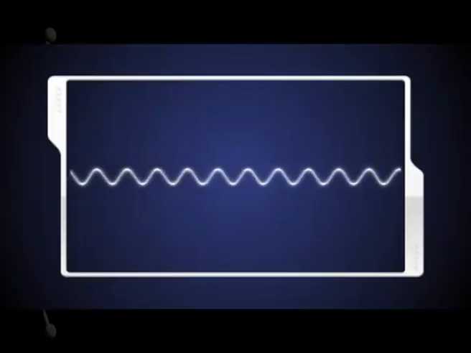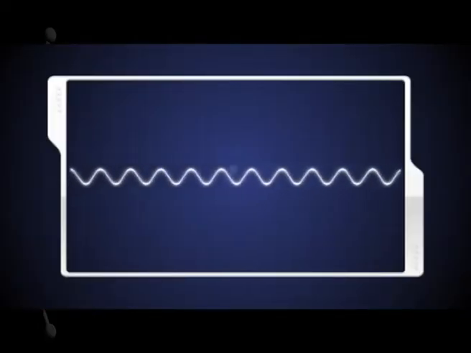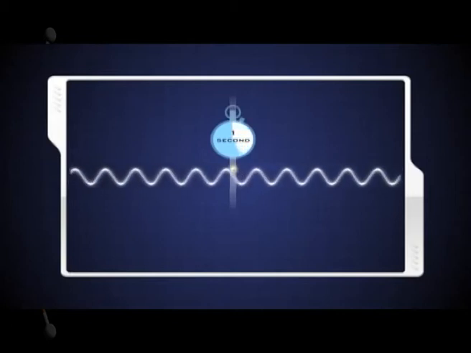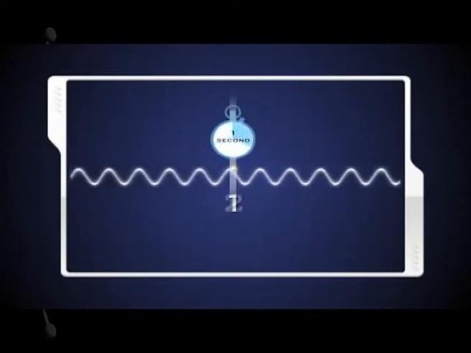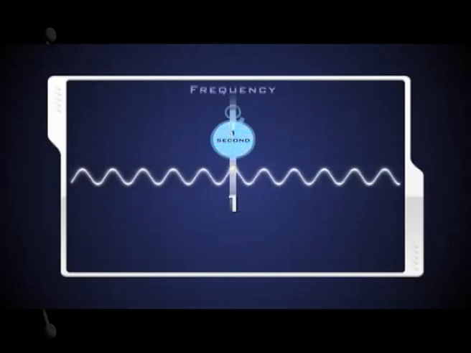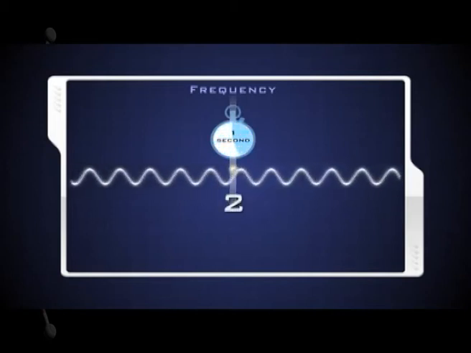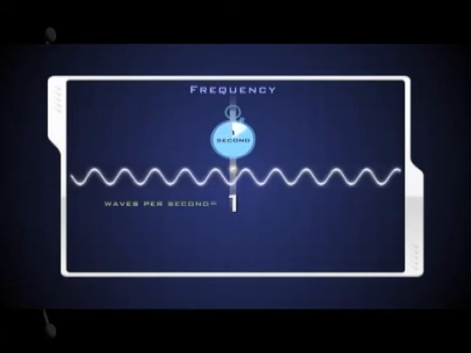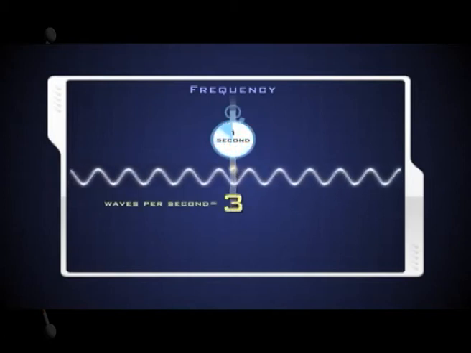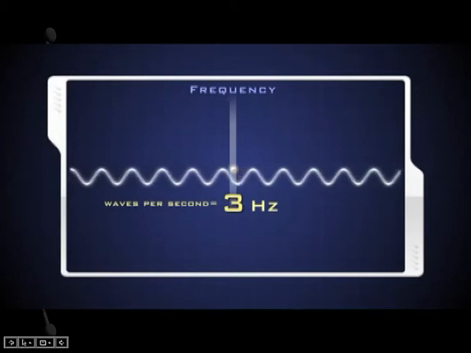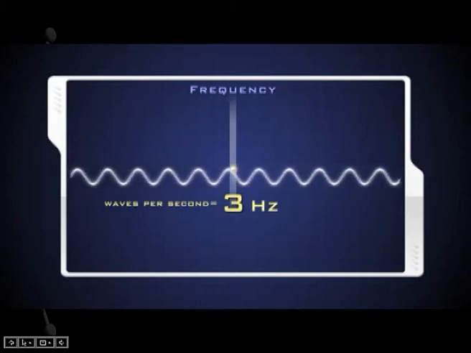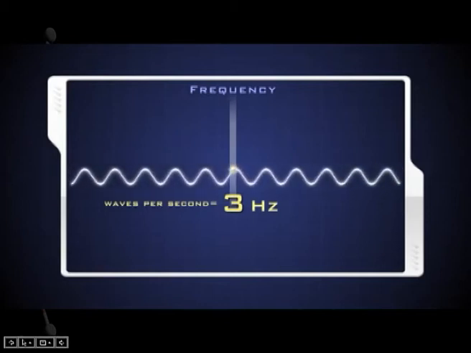Now, I will discuss frequency. The number of times a wave passes through a given point in 1 second is known as the frequency of the wave. It is expressed in hertz or CPS, cycles per second. So, 1 hertz is equal to 1 cycle per second.